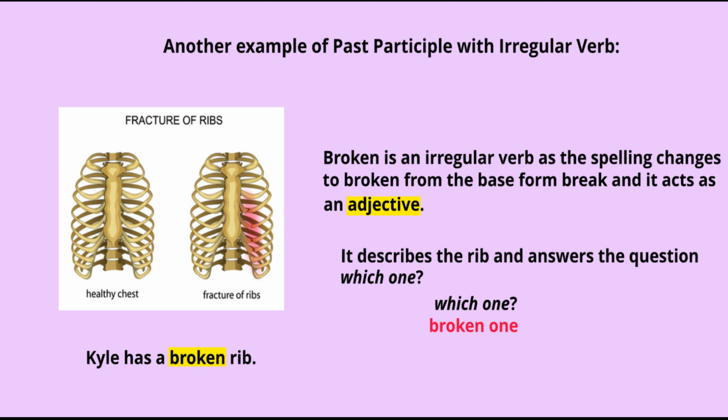Kyle has a broken rib. Here, broken is an irregular verb as the spelling changes to broken from the base form break, and it acts as an adjective. So it describes the rib and answers the question, which one? Broken one. So broken here is the past participle as it is acting as an adjective.